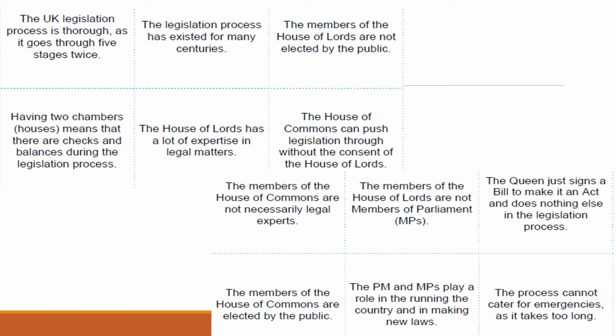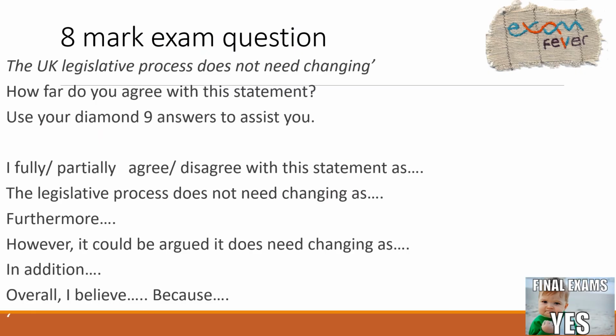The PM and MPs play a role in running the country and in making new laws. Again, they are elected. And the process cannot cater for emergencies as it takes too long, which is when we have to have emergency powers put in, which can create tensions and cause arguments, such as the new police bill that's currently being debated in Parliament.